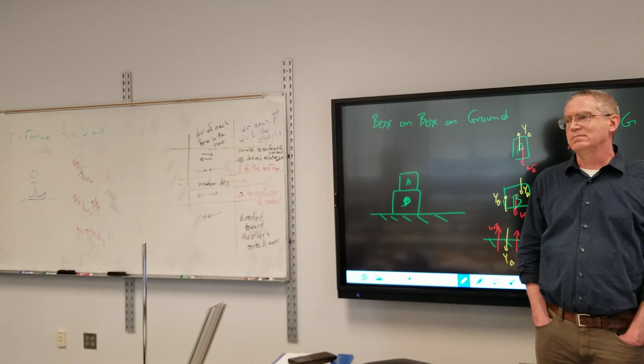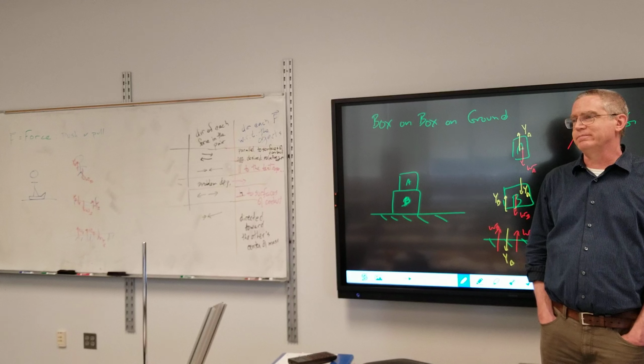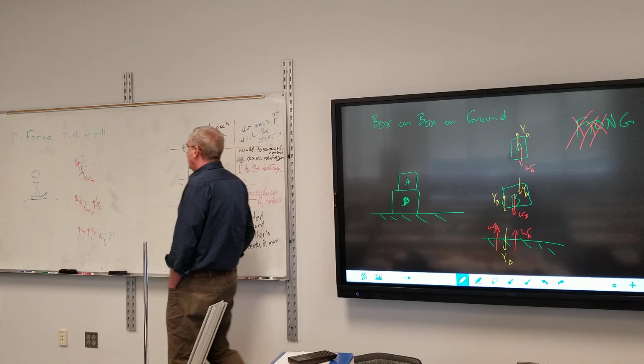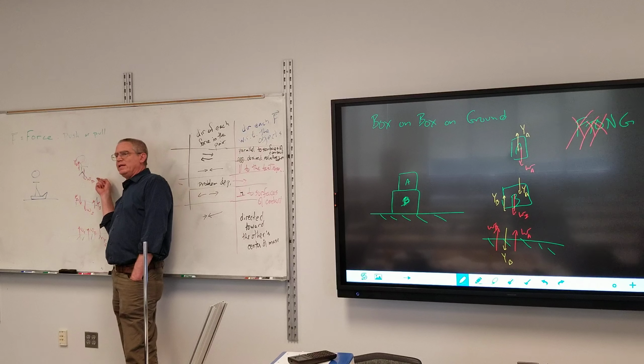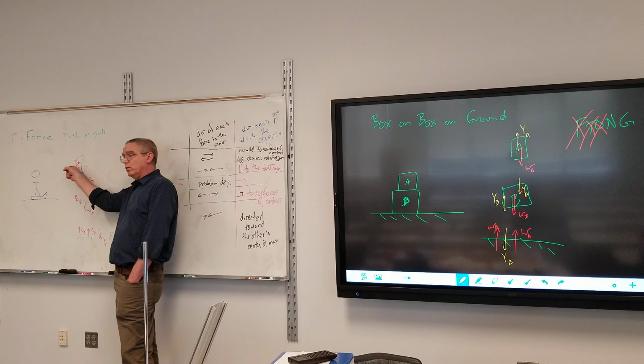Are you looking for one of our arrows? That probably. It would be the normal force between you and the scale. It is not measuring my weight, because my weight is between me and the ground. I am not exerting my weight on the scale. I'm exerting this normal force. The scale is measuring the normal force I exert on it.